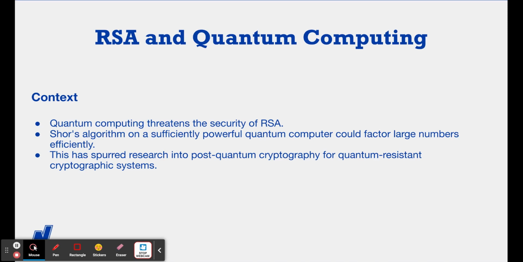This is because a quantum computer can run different kinds of algorithms, which can theoretically factor large numbers much more effectively than a known algorithm on a classical computer. This factorization is precisely the hard problem that RSA security relies on.